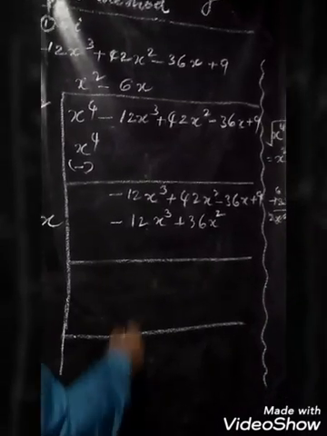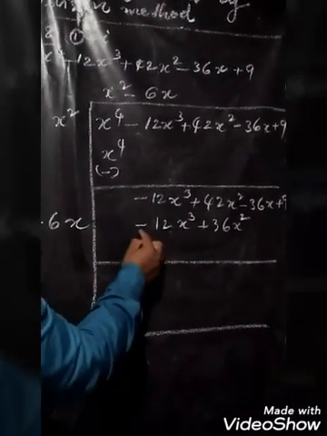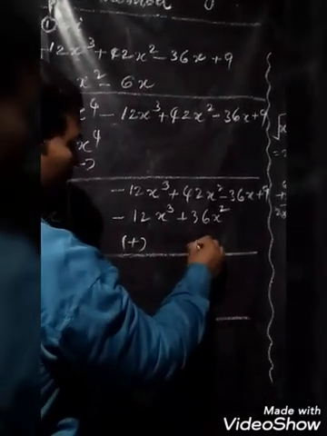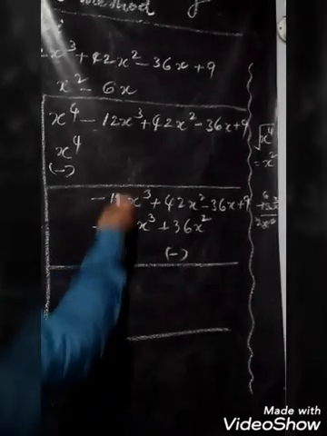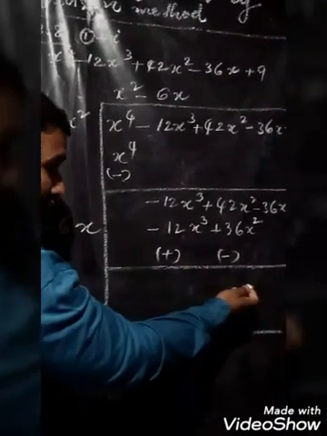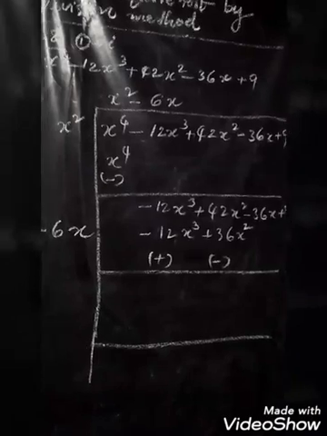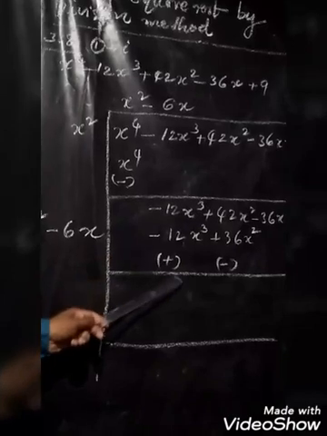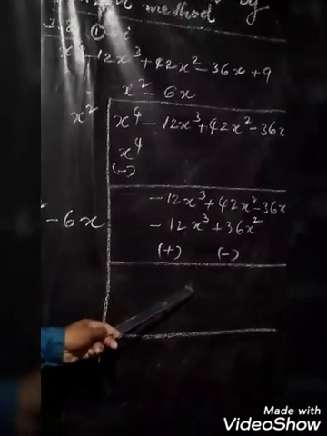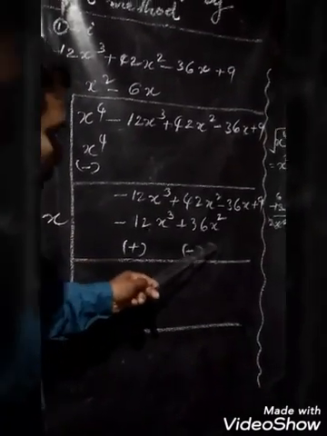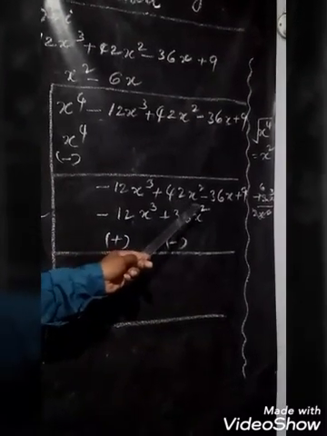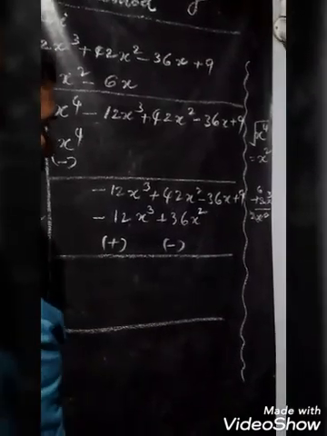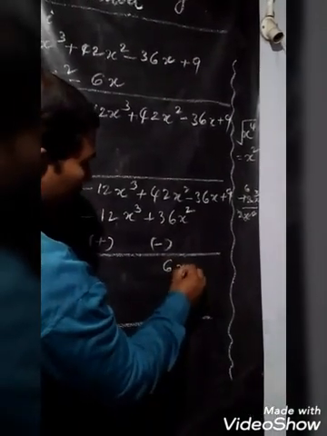Now change the signs: here minus is converted into plus, and here plus is converted into minus. After the addition, you get the terms for the third stage. Minus 12 plus 12 will be 0, so the cube terms are 0 in this stage. In the x square term, 42x square minus 36x square gives 6x square.